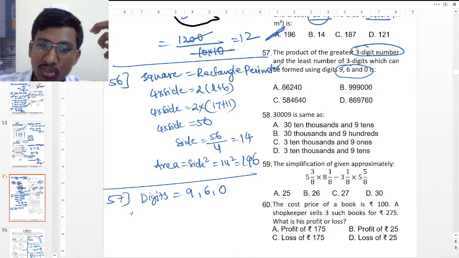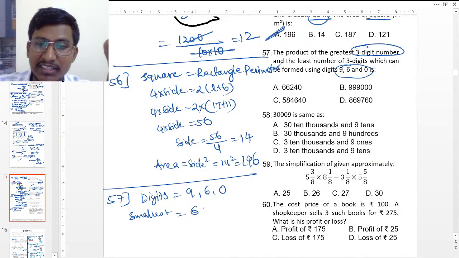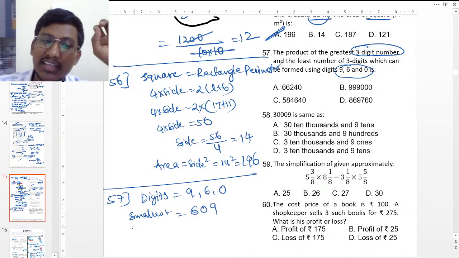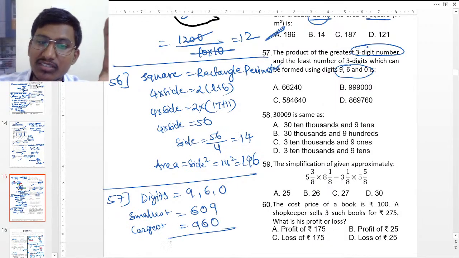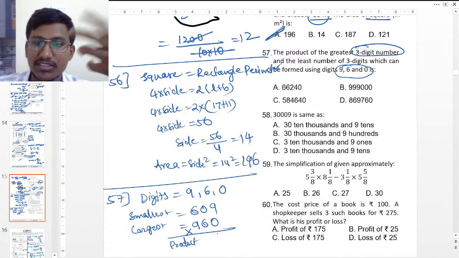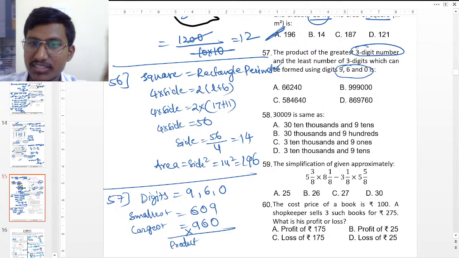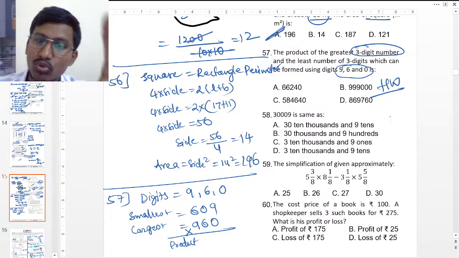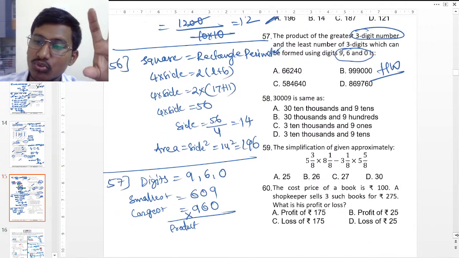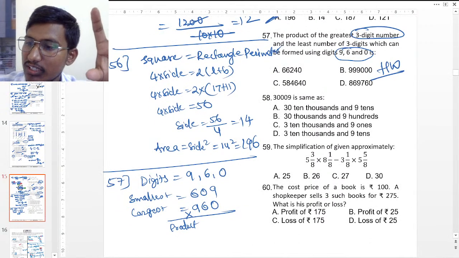So the smallest number will be 609, and the largest will be 960. Product means we have to multiply, and you will get the answer. You have to find the answer and comment in the comment box. So 57 will be homework for you. Will everyone do it?